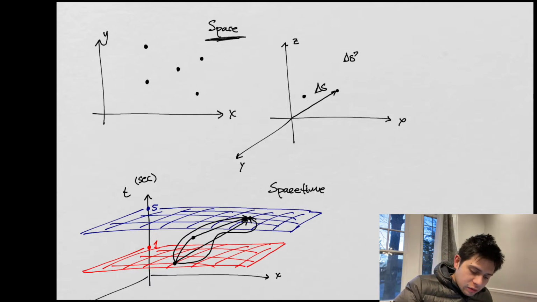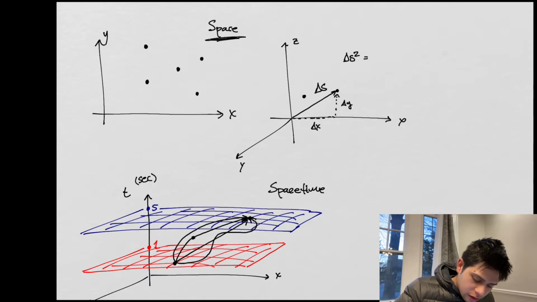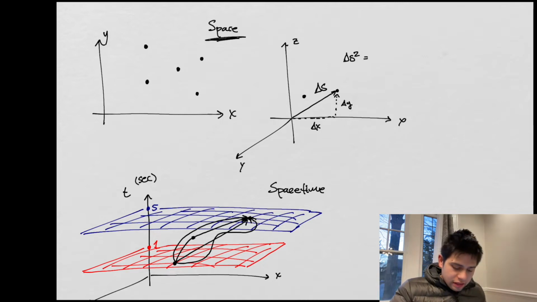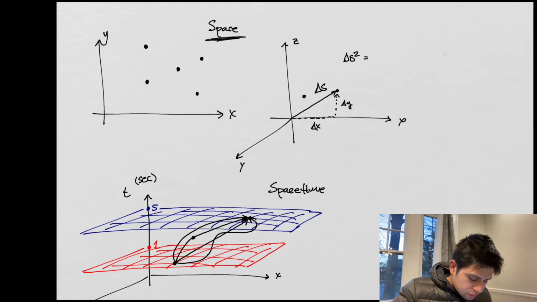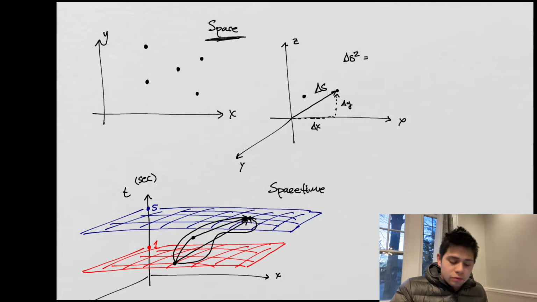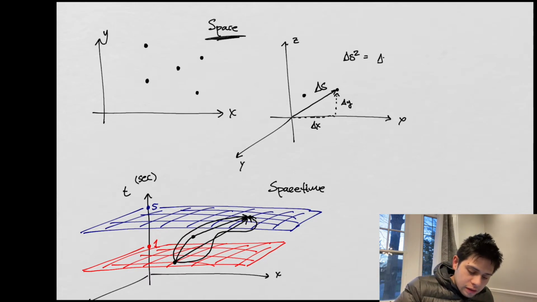Our ds squared is equal to, so here's our x component, dx. Here's our y component, dy. And say we also have a dz in here. If we had a dz component, it would be dx squared plus dy squared plus dz squared.